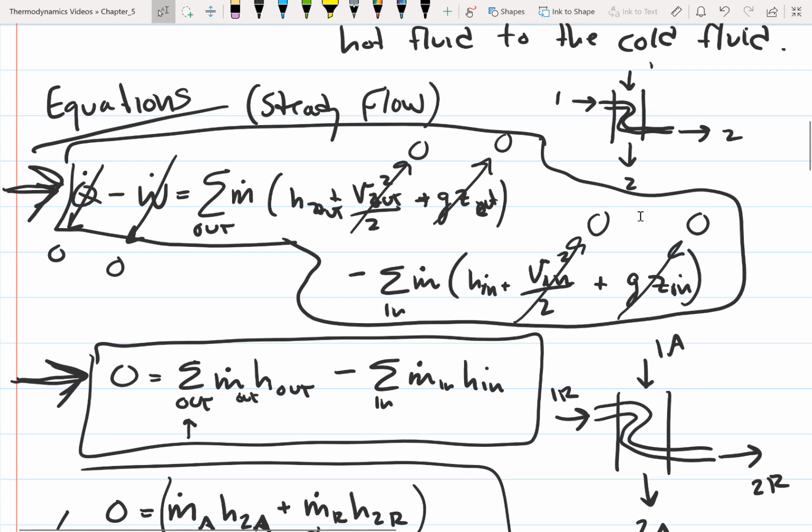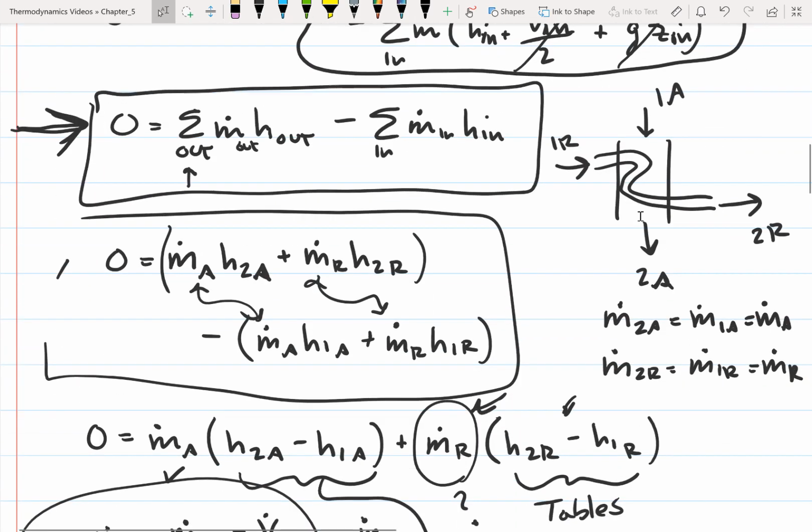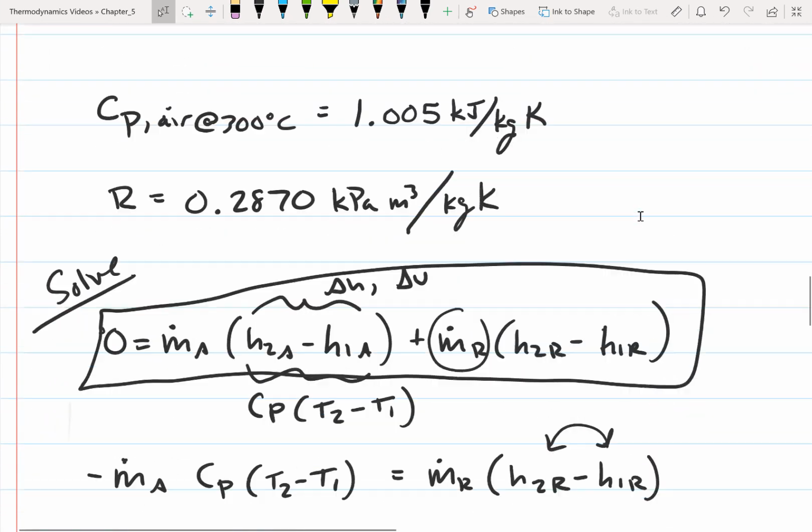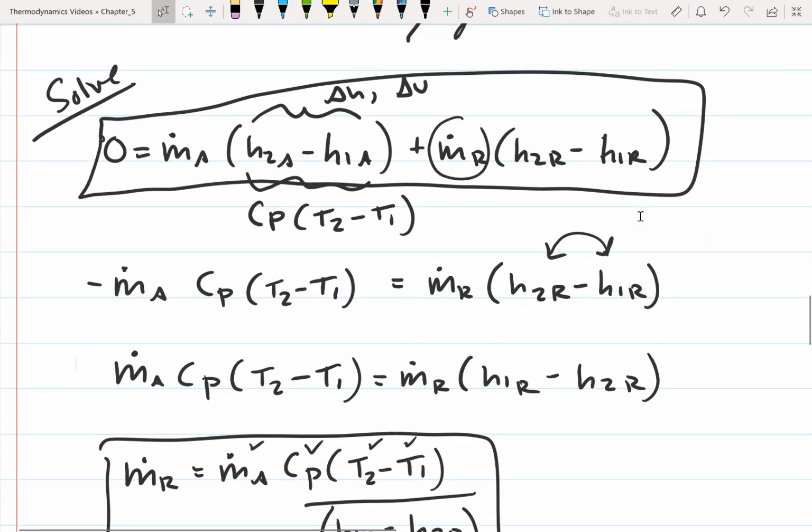With a lot of engineering problems, if you don't make assumptions, the only way to solve your equations is with a numerical solution, and that's not very convenient if you just want a really quick answer. So anyway, we did the equations, and then we looked up data on the tables, and we solved this problem.